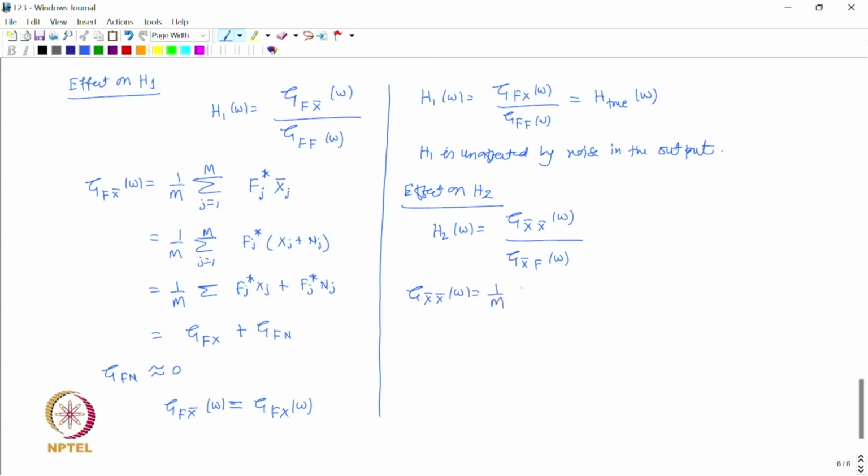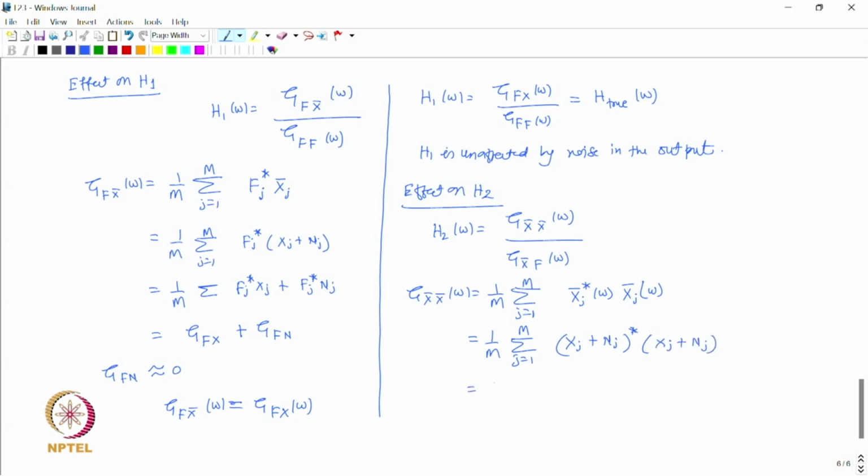That is nothing but 1 by m, sum over j varying from 1 to m, of x bar j star omega times x bar j omega, and this can be written as 1 by m, sum over j equal to 1 to m, of (x j plus n j) star into (x j plus n j).